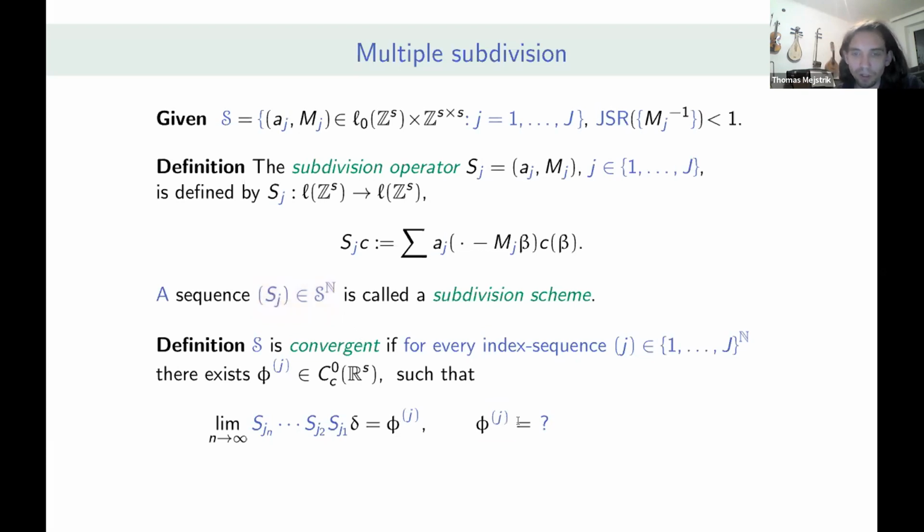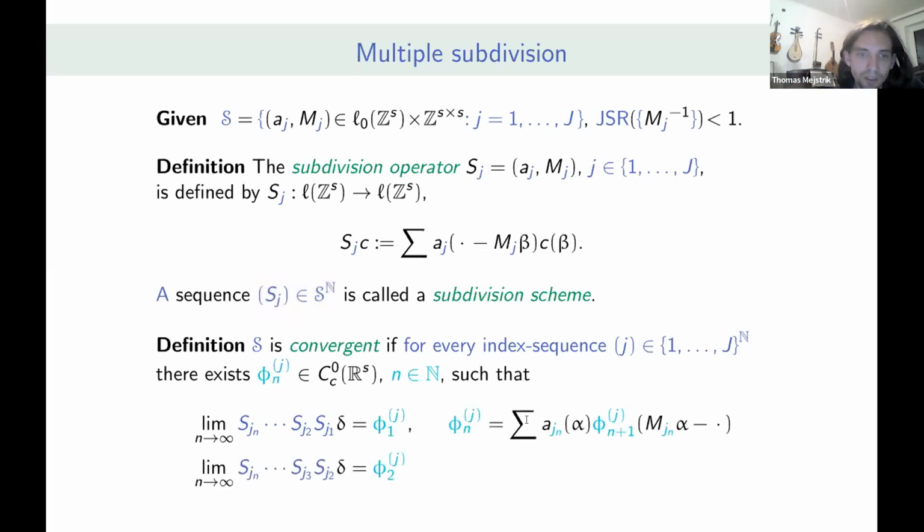What about this self-similarity here? For this, we just define slightly more. So we define a sequence of functions phi n, all compactly supported and continuous.